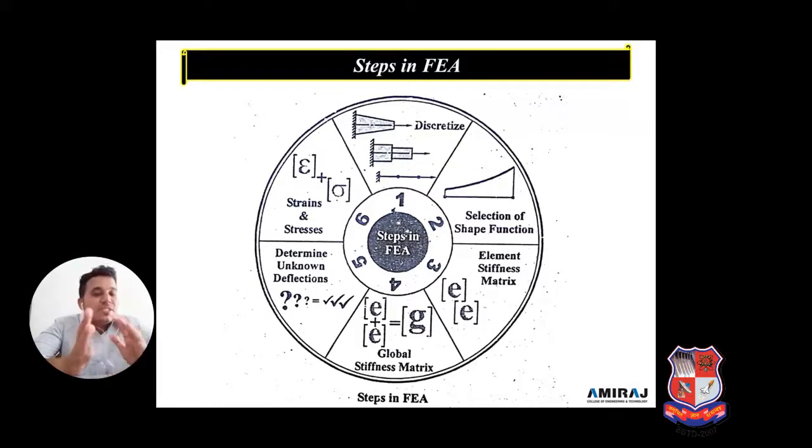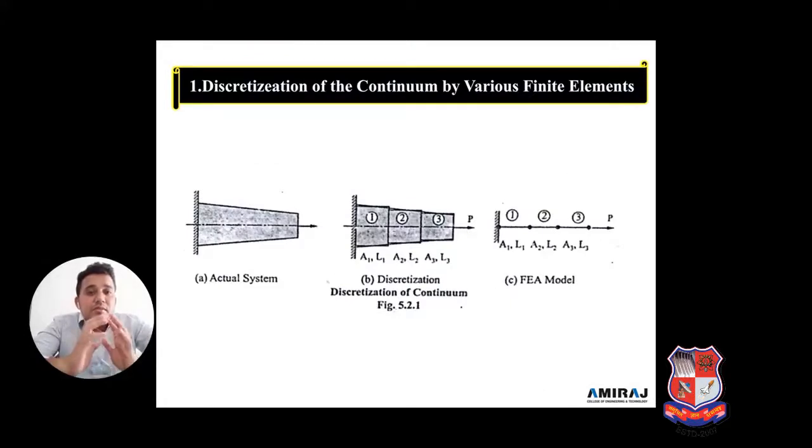As per application these steps change a little bit, but these are the standard steps as per our book by Chandrupatla and Belegundu. Let's start with the important steps briefly.